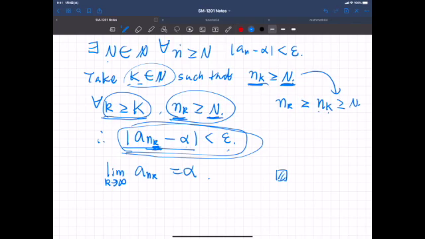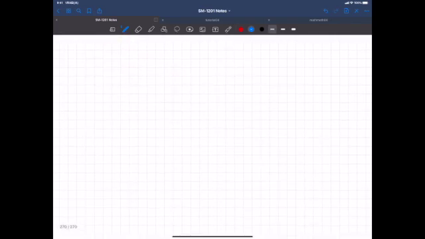The next theorem shows how to use subsequences to prove something interesting. Here's the theorem. Again, let a_n be a sequence that converges to alpha.